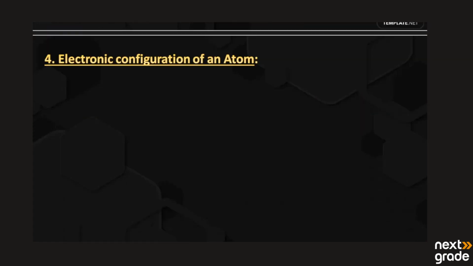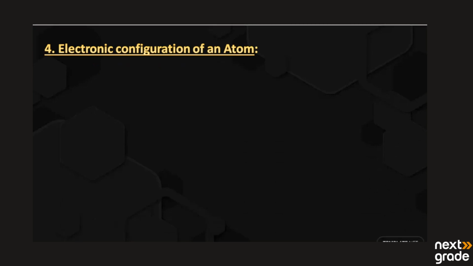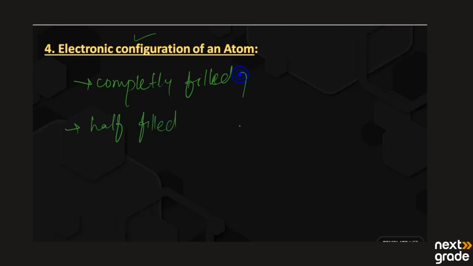In the next section, we have the last factor that is going to affect the electronegativity, electronic configuration. Completely filled or half filled orbitals are stable. But the addition of electrons to these orbitals is difficult.